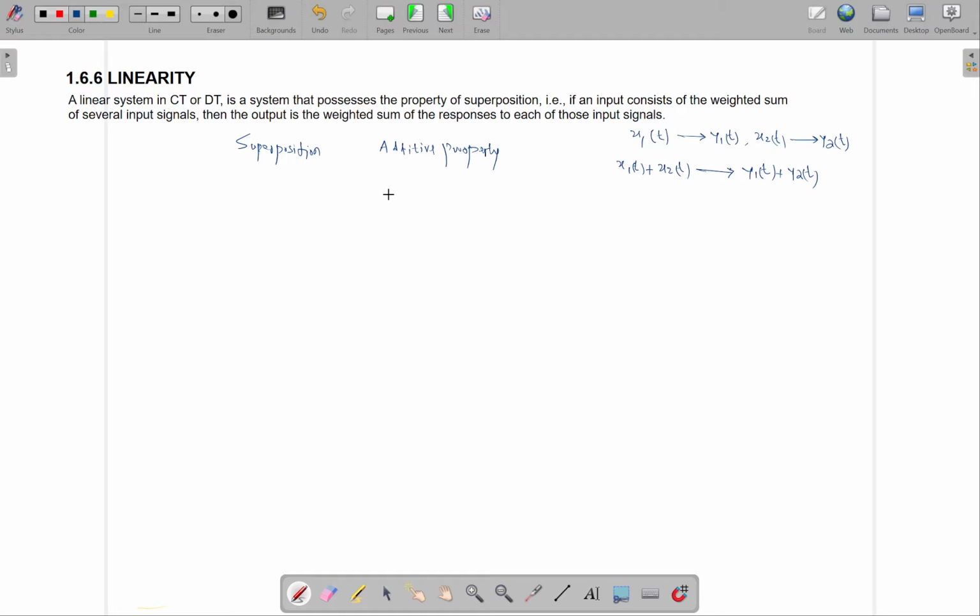The second property is called the scaling or homogeneity property.